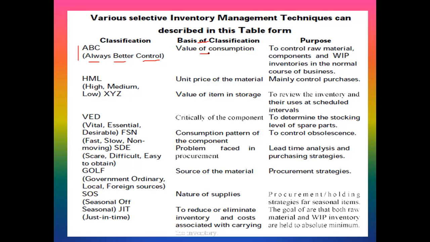Why is this happening? The value of usage, how much we use, based on that also this ABC analysis works.